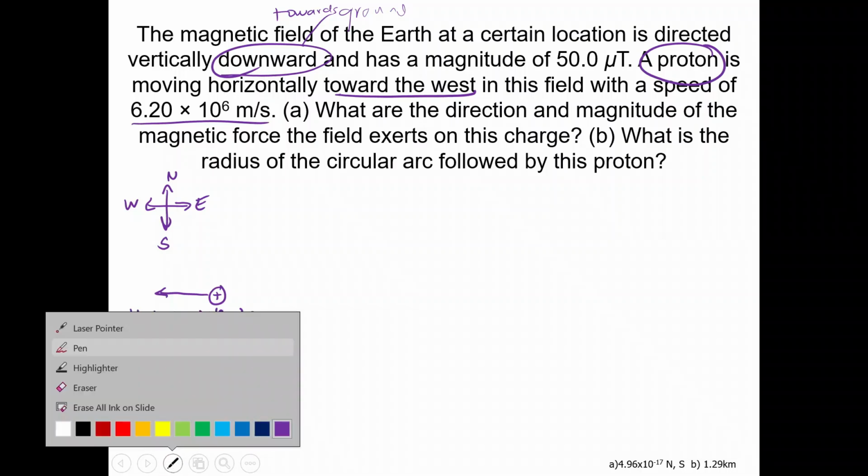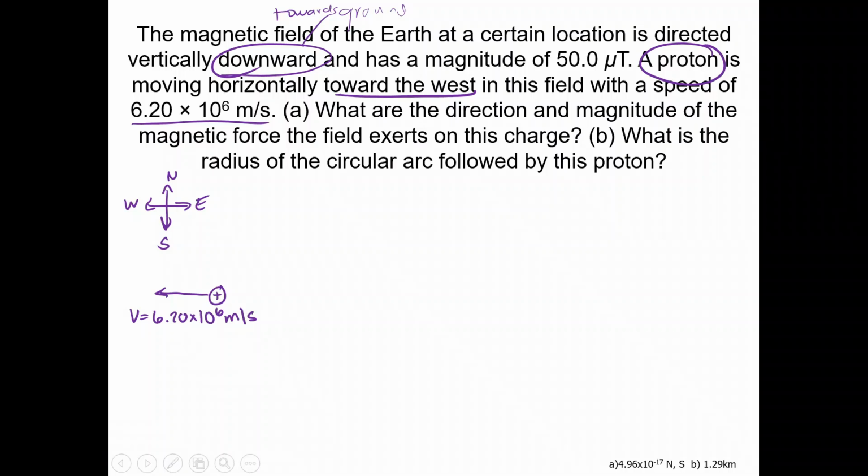Now, it tells us that our magnetic field is downward. Like I said, we're saying towards the ground. So if I'm doing north, south, east, west, that's going to be into the page. So my magnetic field B at that location is into the page and has a value of 50.0 microteslas.